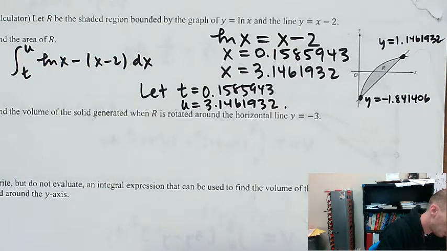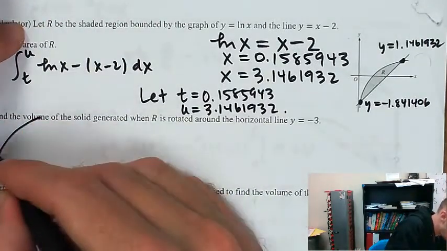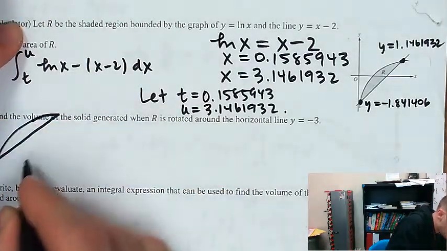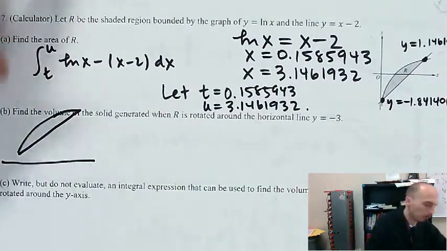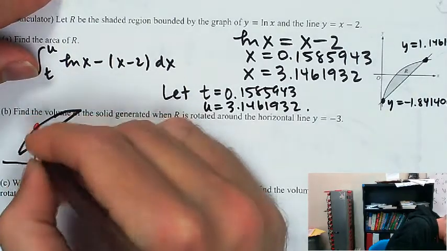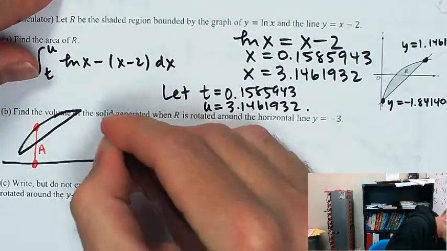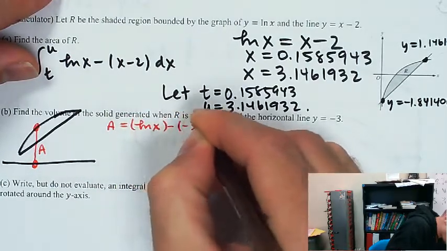Then we're going to find the volume of the solid when rotating this thing around y equals negative 3. So, there's y equals negative 3. I'm going to draw my large radius, top minus bottom, y equals log x minus y equals negative 3.